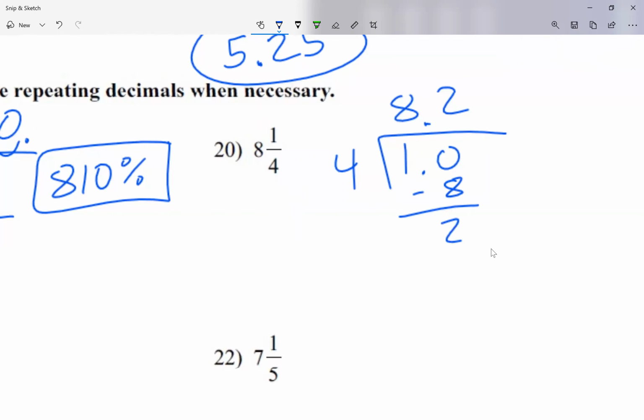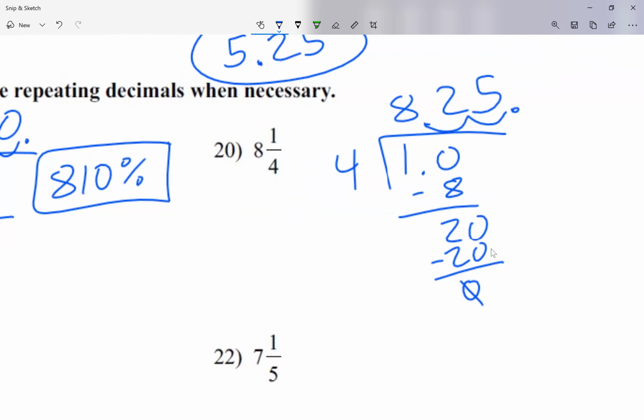When I subtract this, I get 2. Let me bring down an extra 0. 4 into 20 goes in 5 times, because 5 times 4 is 20. When I subtract this, I get nothing. So as a decimal it is 8.25. Move the decimal 2 places to the right. So that's going to give me 825%.